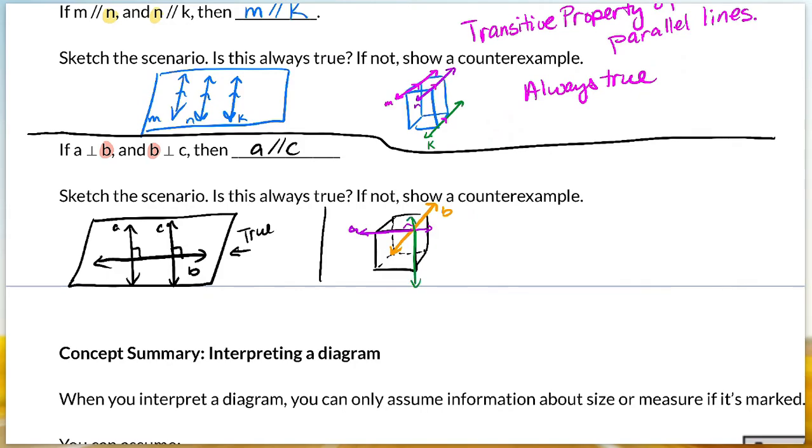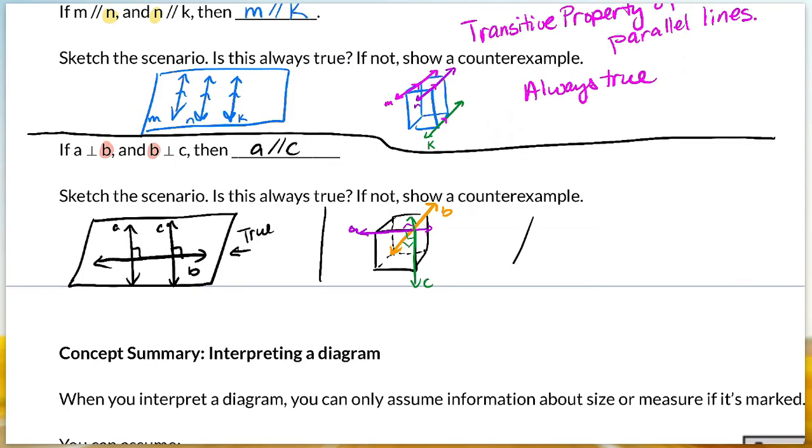Either go on the front edge or the back edge. If you put it on the front edge, it's actually perpendicular to B as well as to A. So there are all of these making right angles and meeting at this one point. So it doesn't make them parallel to each other in my sample. If we had put C along the back edge, it wouldn't cross A at all, and that would then make A and C a pair of skew lines where they're never going to intersect.